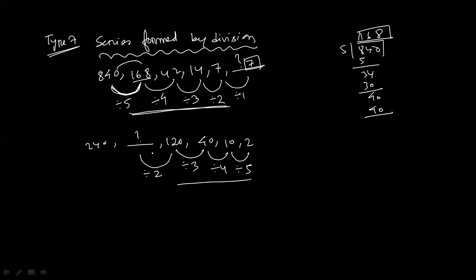That means if you divide this number by 2, it will be 120. Suppose this is x, that means x divided by 2 is 120. So x will be 2 into 120, that means 240.